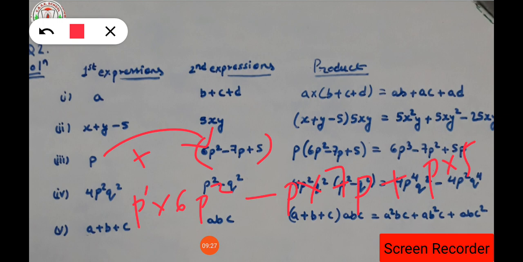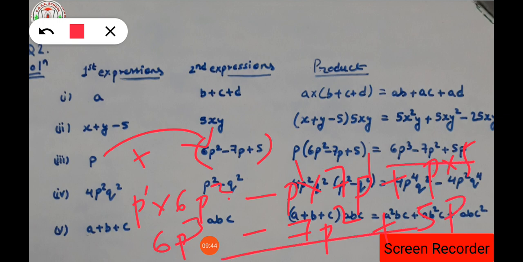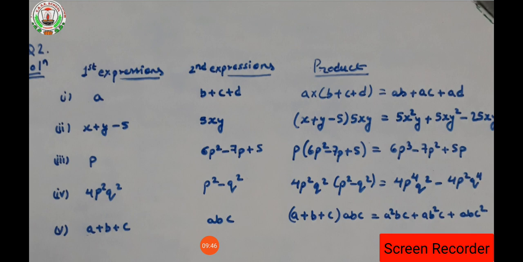Here power of p is 1, that means 2 plus 1 will be 3. So 6p to the power 3 it will be, minus, power of p is 1 and 1, so 1 plus 1 is 2, so 7p square will be there, plus 5p will be there. So this result we have to write in the product place. Clear? In the same way the fourth and the fifth question you have to do.